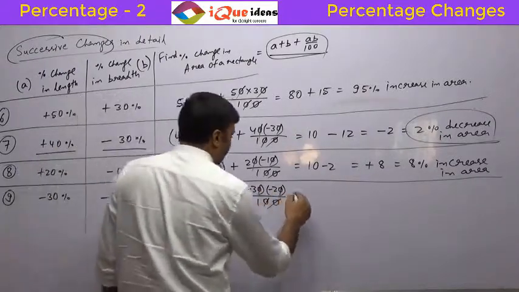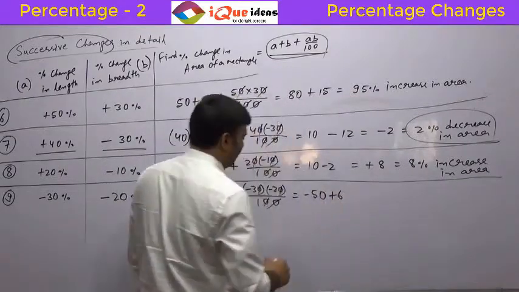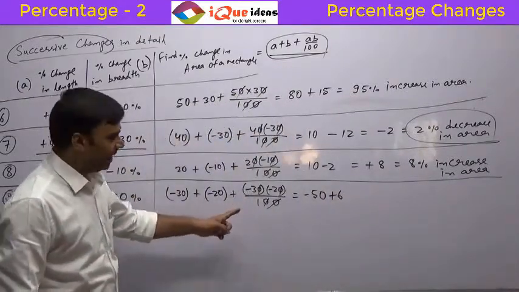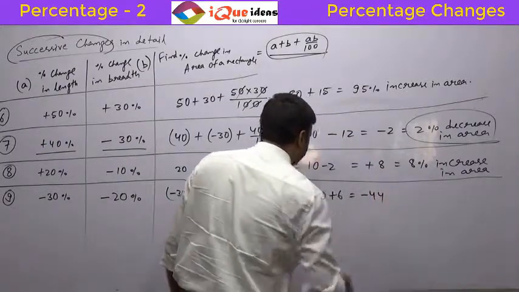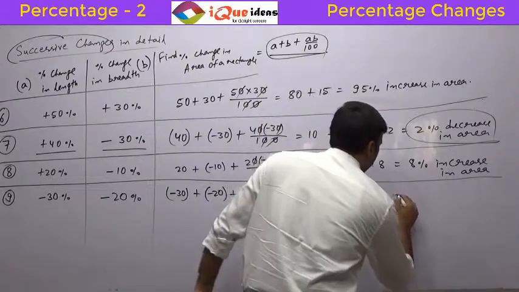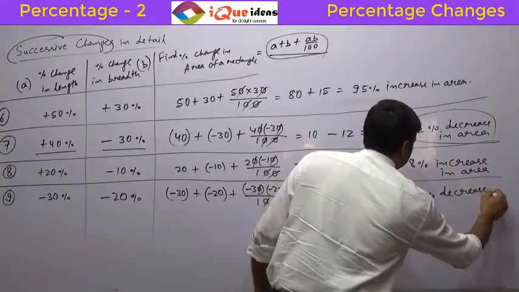Minus 30 minus 20 is minus 50. Minus 3 into minus 2 is plus 6. Yes, this is where people make mistakes. Minus 3 into minus 2 is plus 6. Minus 50 plus 6 is minus 44. So it is 44% decrease in area.